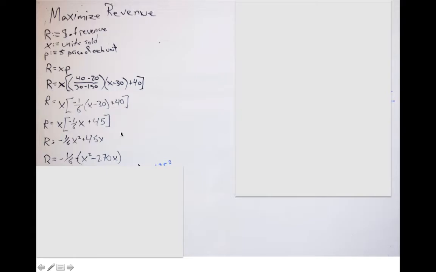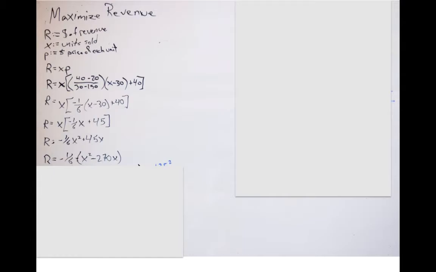Now the reason I do that is because in the completed square form, it gives me my vertex. When you have a quadratic equation, the vertex of your parabola is either your local max or your local min.